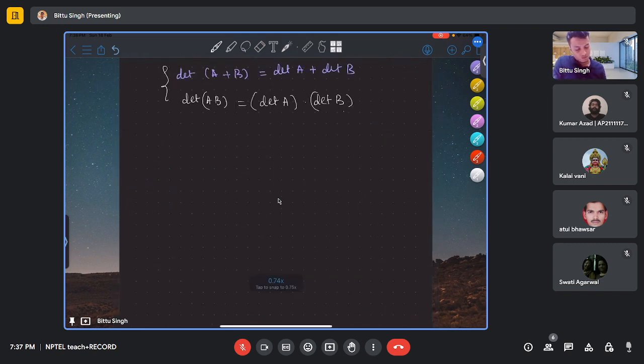And now let us consider some examples. For example, question: what will be the determinant of a skew symmetric matrix?